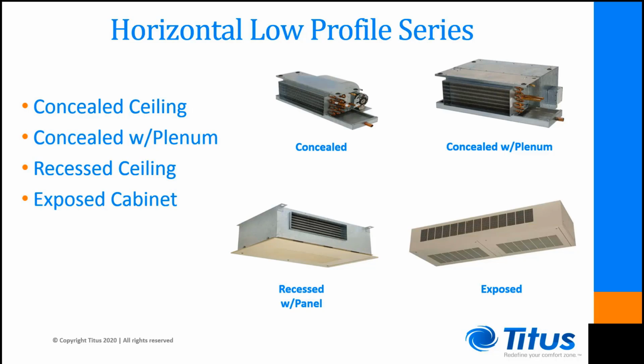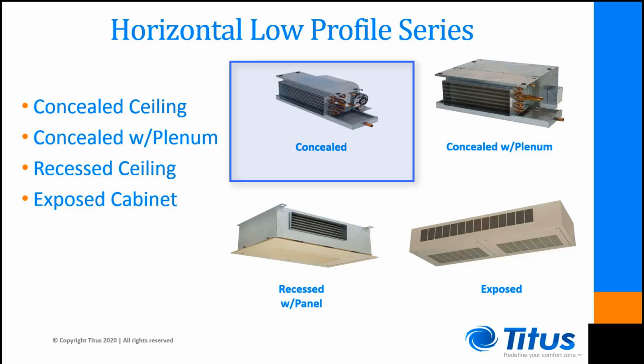Let's begin with the horizontal fan coils with the low-profile subcategory. These units range in CFM capacity from approximately 200 to 1100 CFM depending on unit size. All the units have a low height dimension to fit in tight spaces. Starting with the top left unit, we can see the concealed low-profile horizontal unit.